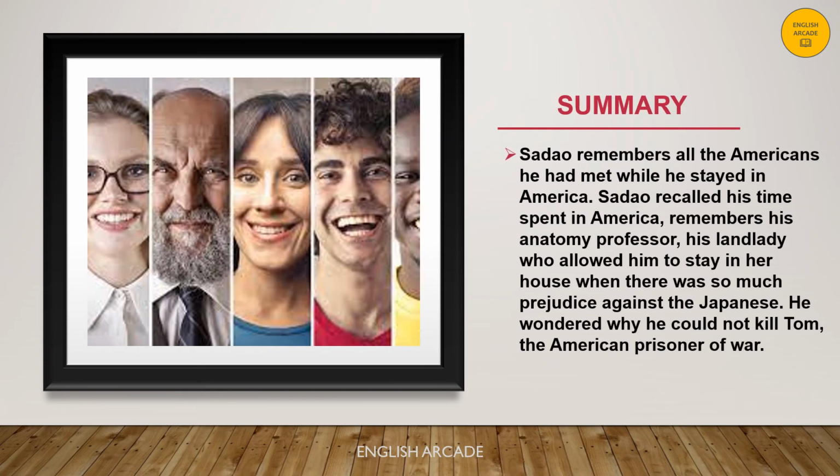Towards the end, Sadao remembers all the Americans he had met while he stayed in America. He particularly recalls his time there and remembers his anatomy professor, and his landlady who allowed him to stay in her house when there was so much prejudice against the Japanese. And he wonders why he could not kill Tom, the American prisoner of war.